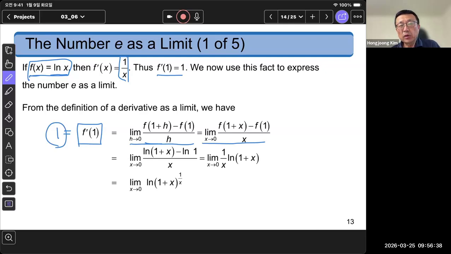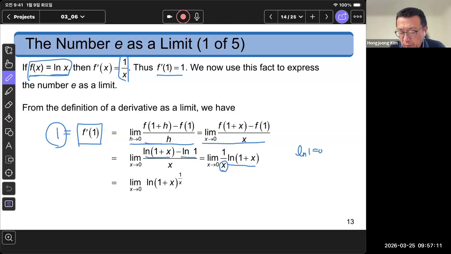Now since f is defined with the natural logarithmic function, f of 1 plus x is just ln(1 plus x), and f of 1 is ln 1. Please remember ln 1 is 0. So the numerator is ln(1 plus x) divided by x, and if you let x go to 0, that limit will be 1.